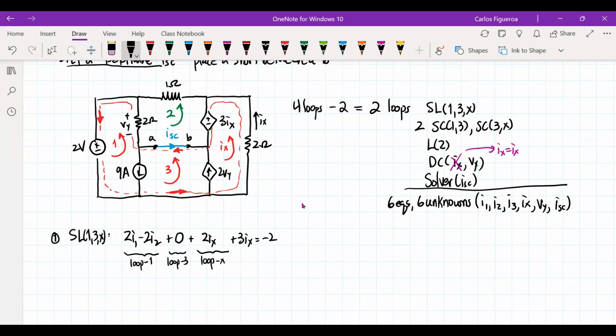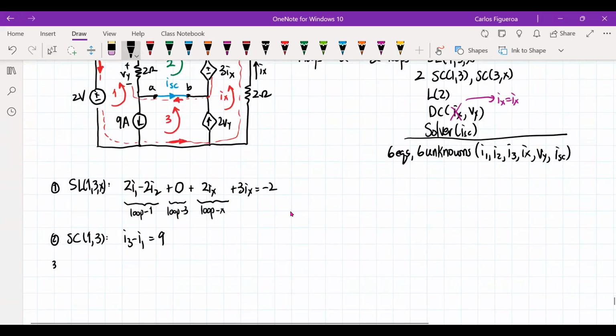So now let's look at the super conditions. I have a super condition between 1 and 3. If I look at that, I'm going to have I3 going in the direction of 9. So this should be I3 minus I1 equals 9.